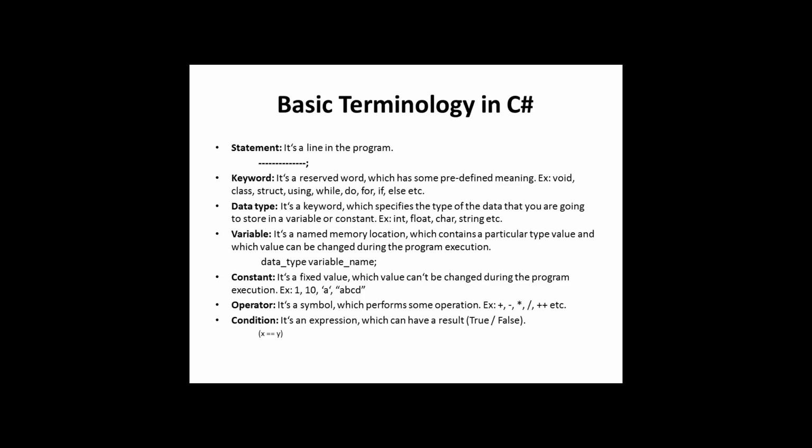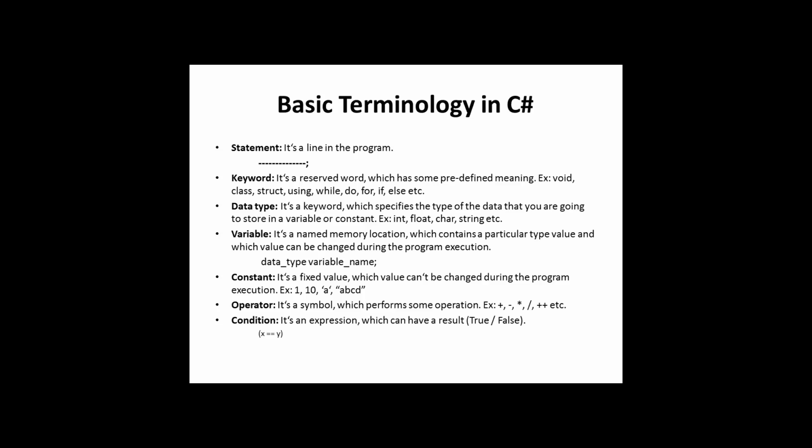Data types. You're writing in a program, you're expecting age: int age equal to something. Age is a variable because you can assign anything to that variable. But what kind of data is age? It is an integer. It can be a float, it can be a double. So int, float, double, those kinds of things are being specified. What is double?